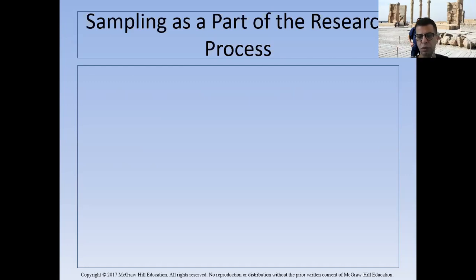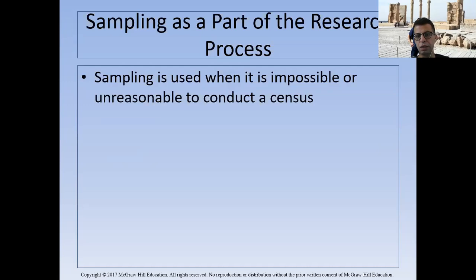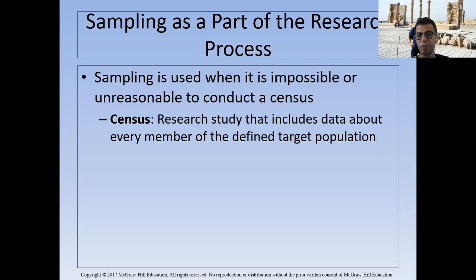It is used when it's impossible to ask everybody. If we are exporting something into India, we're not going to ask over 1 billion people what they feel about this product.